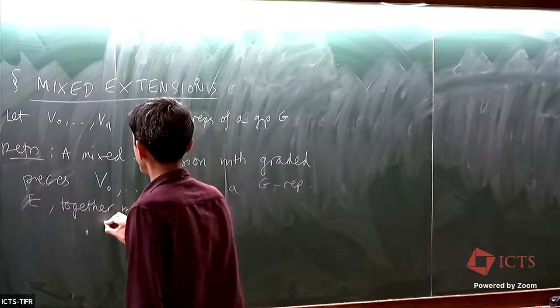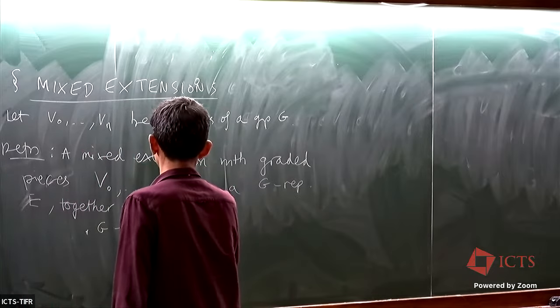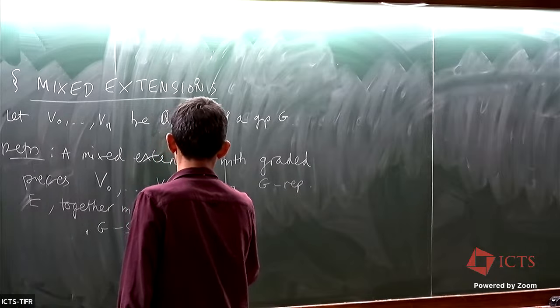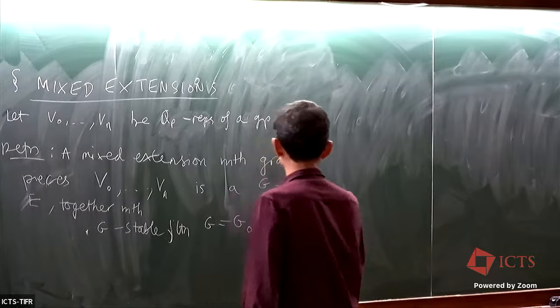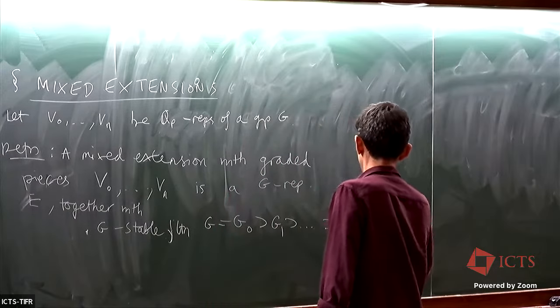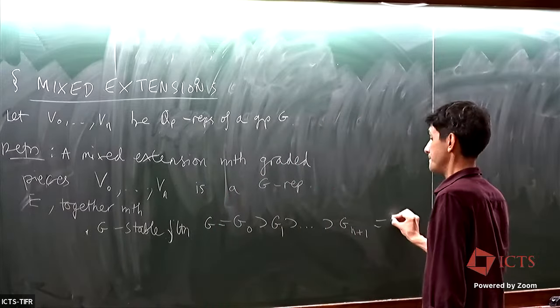So the first one is a G-stable filtration, V_0, V_1, ..., V_{n+1} equals 0.